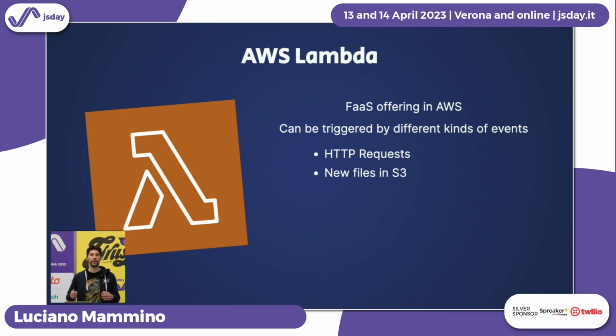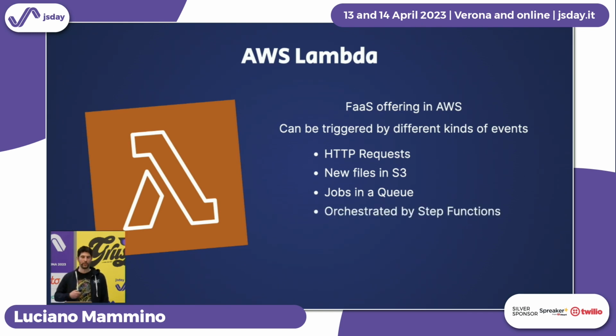Somebody drops a file there, you want to do some automation based on that file being there, that can be your event. It can be a job in a queue, so you can schedule different things to do, and then you can trigger Lambdas that will take care of performing that particular job. It can be orchestrated by step functions, or it can be run on a schedule, or you can even manually invoke Lambdas if you have to.